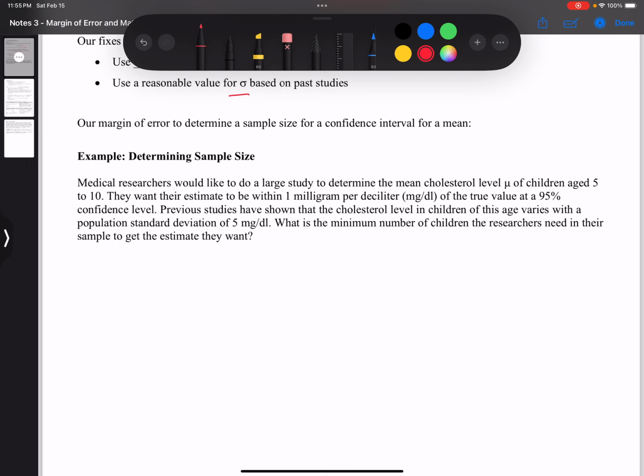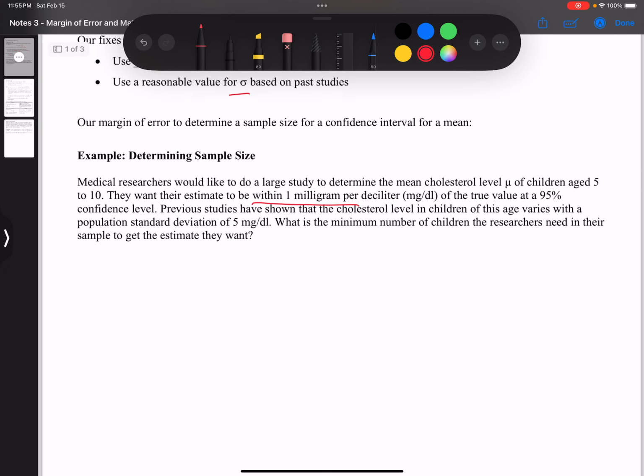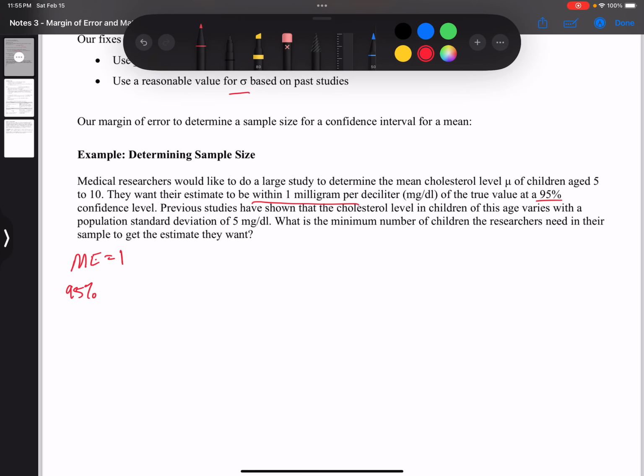All right, so this one says they want an estimate to be within 1 milligram per deciliter. That means our margin of error needs to be 1. And they want a 95% confidence level, which is going to give us a 95% confidence interval.